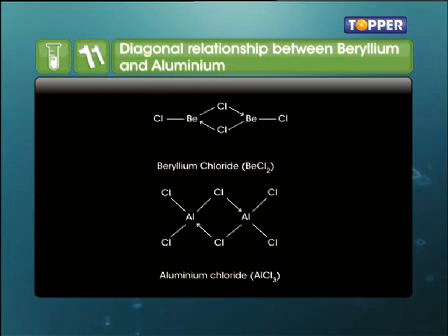You will notice that the chlorides of both beryllium and aluminium have bridged structures. So now you know about the anomalous behavior of lithium and beryllium. You also know why lithium shows a diagonal relationship with magnesium and beryllium shows a diagonal relationship with aluminium respectively.